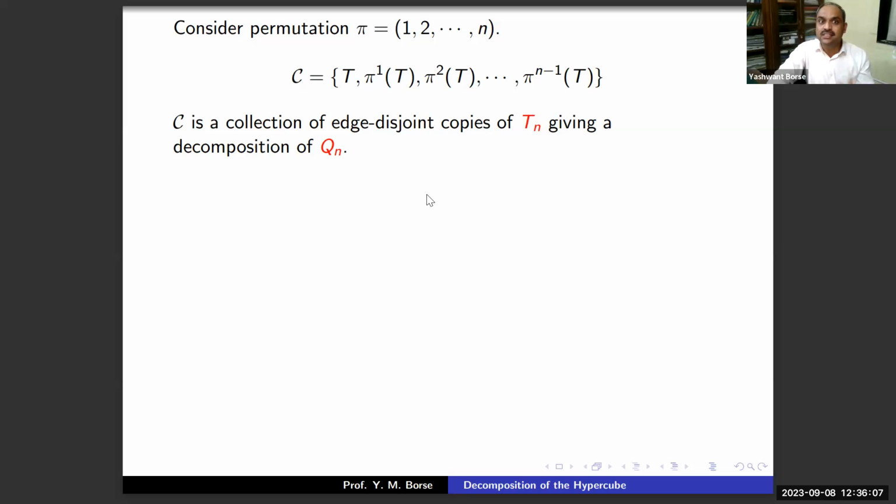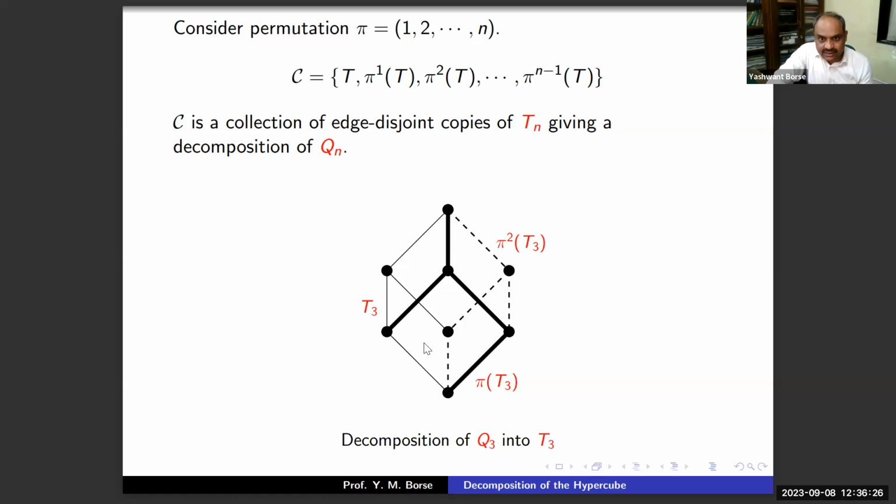Therefore, C is a collection of edge-disjoint copies, so C gives a decomposition of Qn into copies of T. T means Tn here, that Tn we have constructed. So see the illustration.